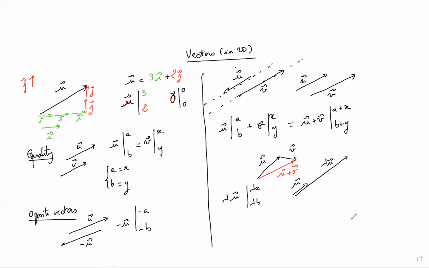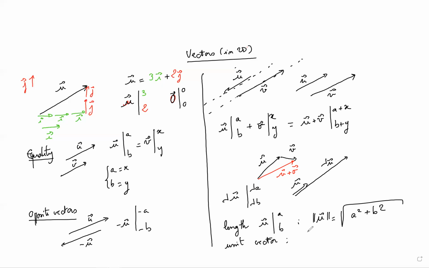The length of a vector, if your vector has coordinates a and b, the length is denoted between double bars, and it's the square root of a squared plus b squared. What you will call a unit vector is a vector for which the length is 1.